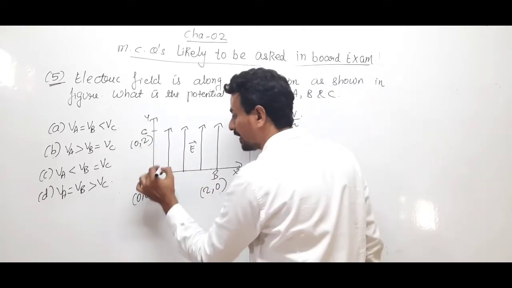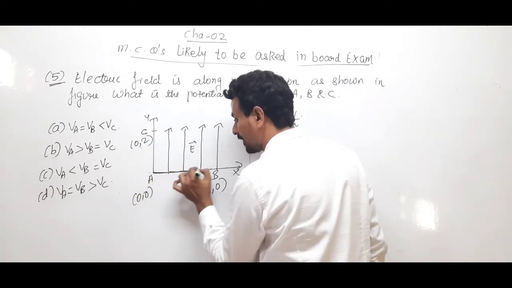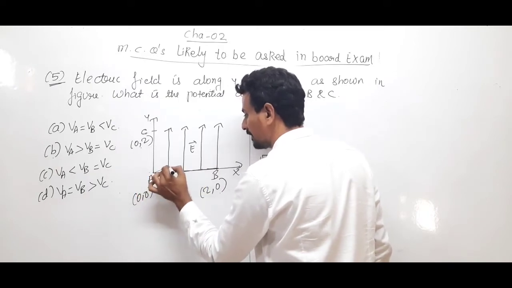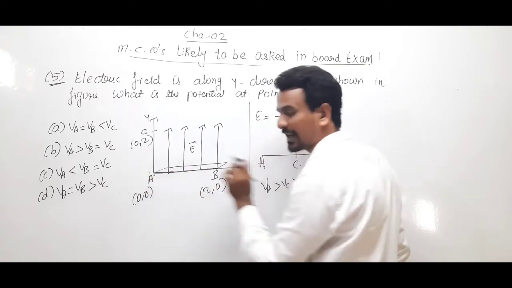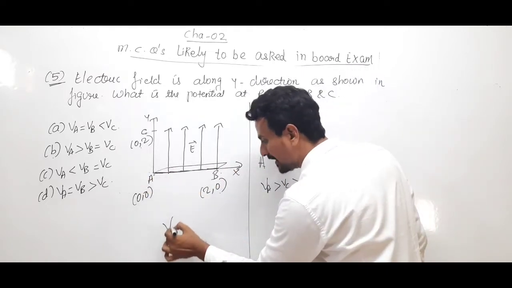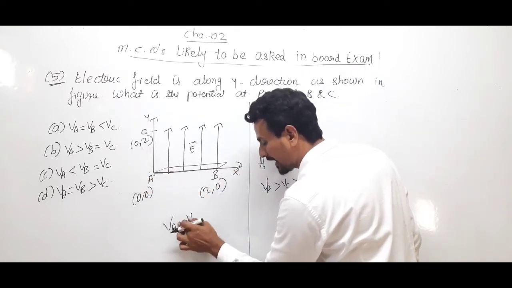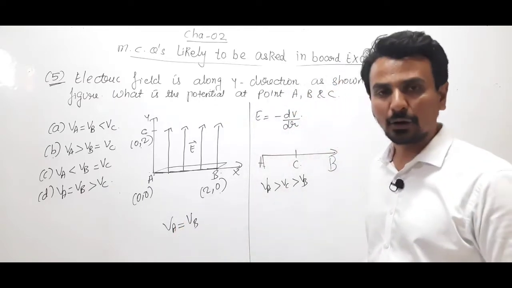So this is electric field, right? So this is perpendicular to this surface. That means these 2 points A and B are lying along an equipotential surface. So their potentials will be equal, because potentials on equipotential surfaces are always the same.